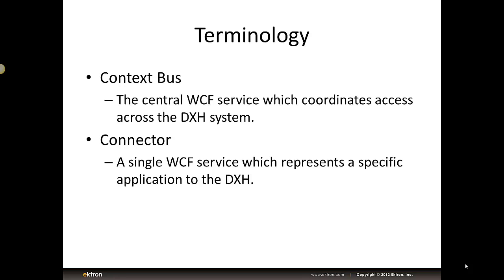So all of your connectors connect to the context bus. If you're making a request for data out of Salesforce, you don't actually connect directly to Salesforce. You tell the context bus, this is the system I want to access, this is the data I want to retrieve. The context bus will communicate with Salesforce and facilitate the transfer of that data for you.